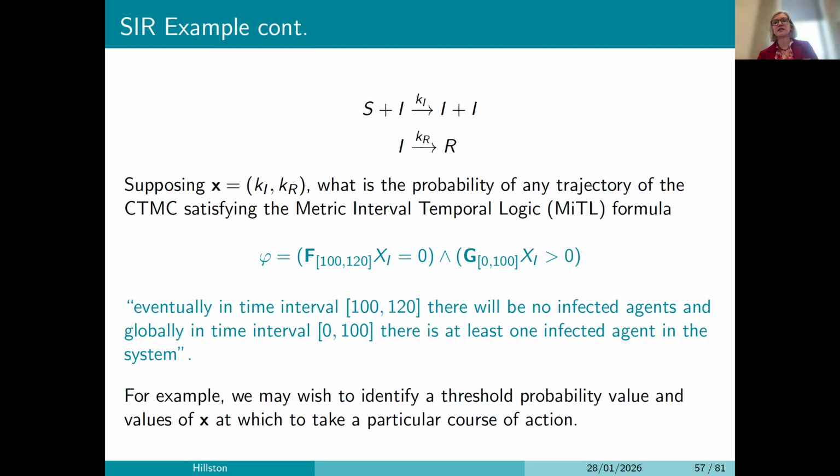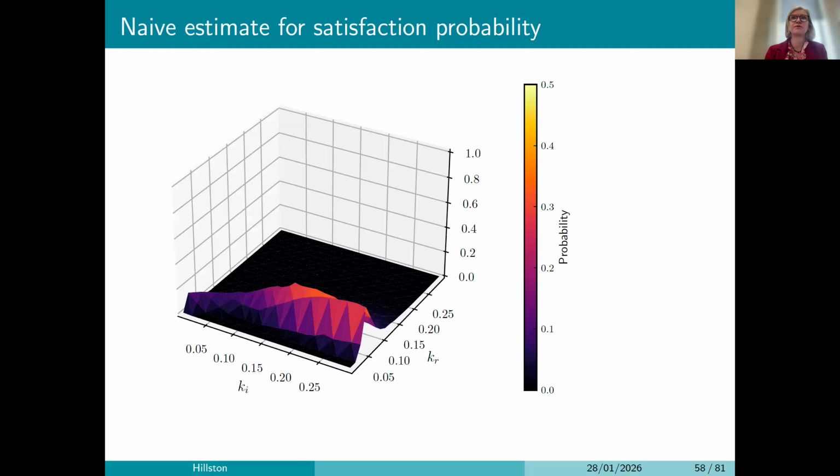We want to look at this for all different values of Ki and Kr, looking at the probability, because this may tell us some probability value that's important to us. We want to maintain this property. We might say it must be the case that we stamp out infections with a rate greater than this value, or depending on what our rate values are, that can tell us what course of action to take.